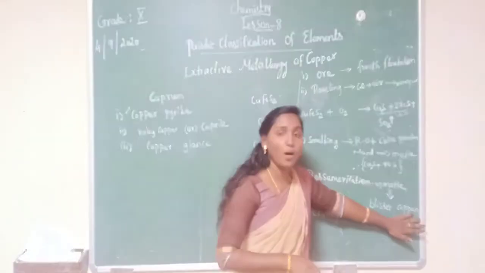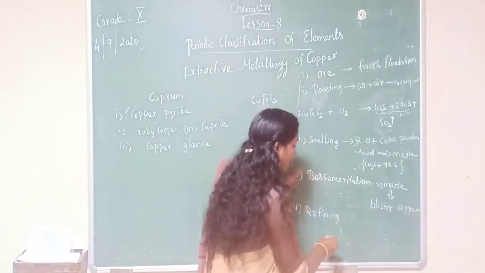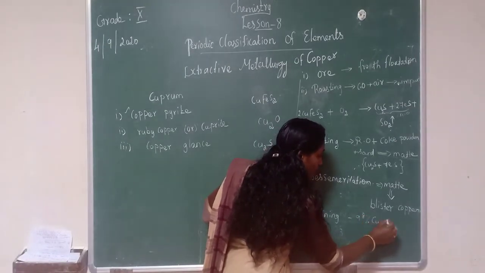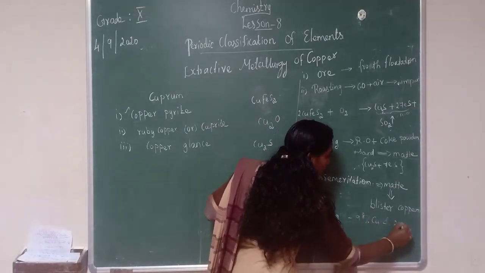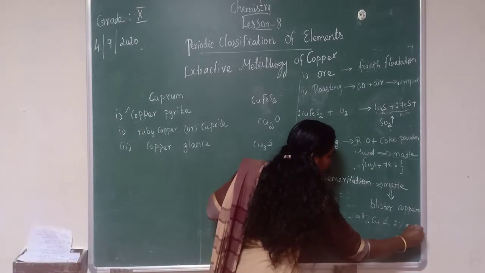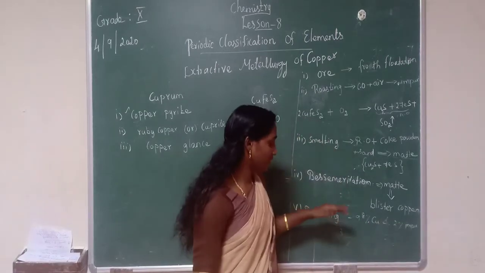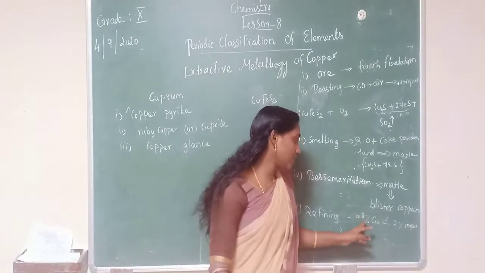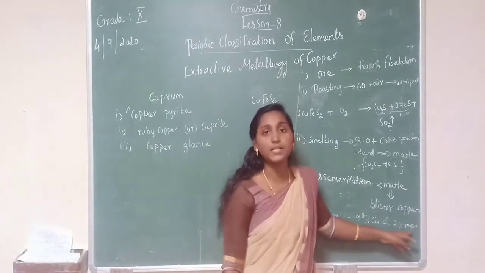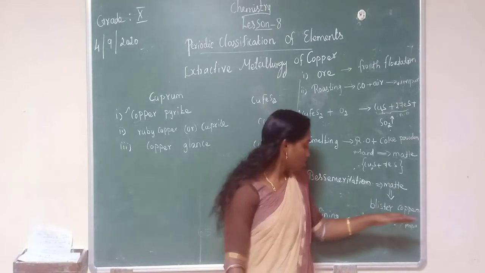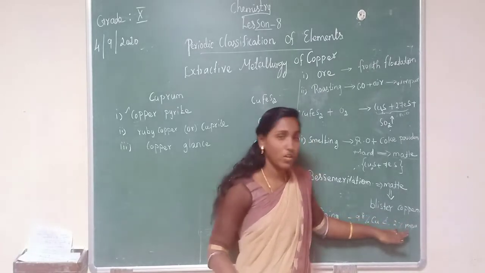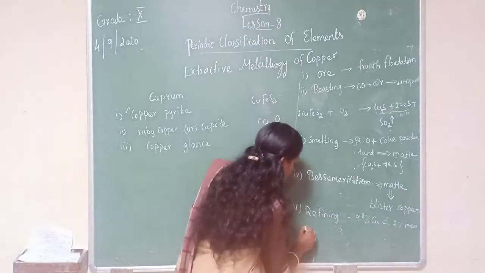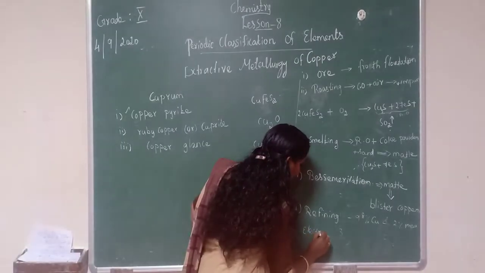This blister copper contains 98% copper and 2% impurities. Have you understood? These impurities will be removed by one method, that is the electrolytic refining method.